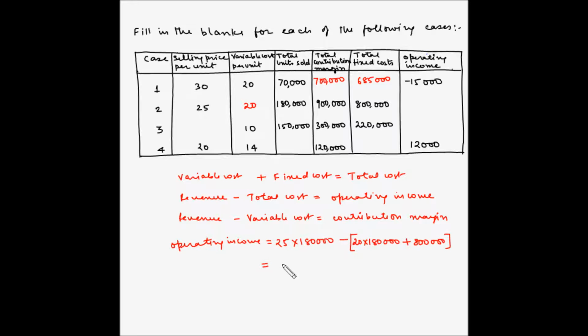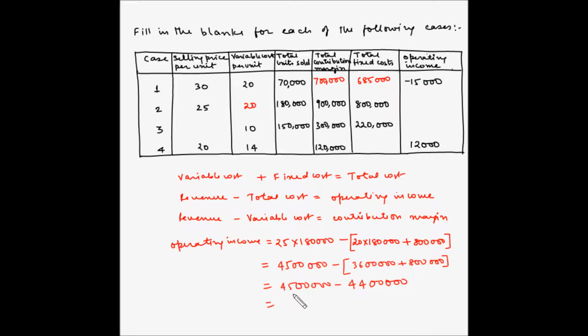So this is equal to 45,000,000 minus 36,000,000 plus 800,000. 45,000,000 minus 44,000,000.